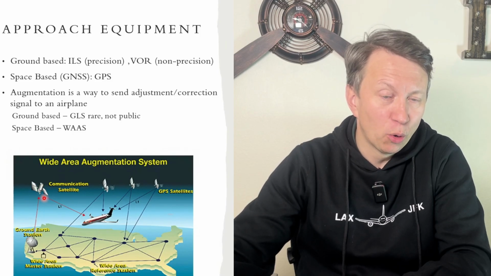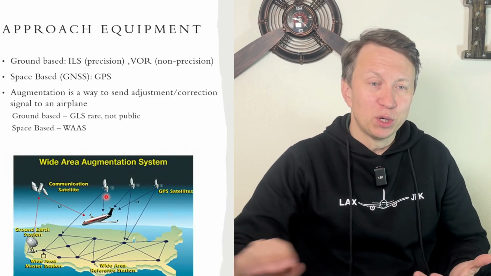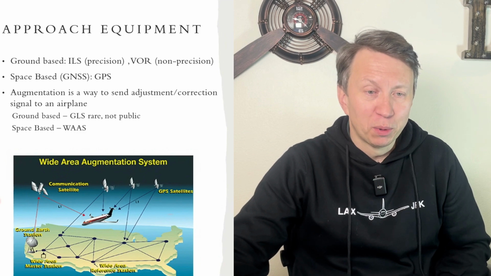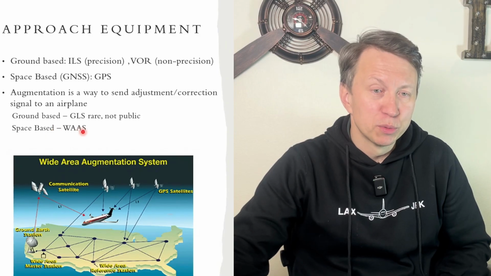So this little yellow arrow in red is received in parallel with a standard GPS signal, and the WAAS-equipped GPS has to receive both and interpret the signal from both. That is called a space-based augmentation and goes by WAAS, the Wide Area Augmentation System.